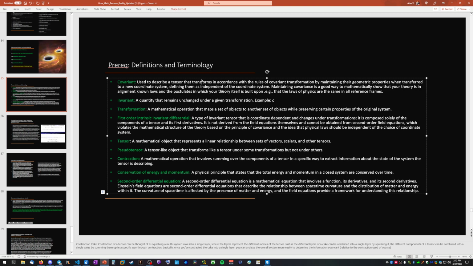You apply a transformation to the tensors, and that will allow you to change the coordinate system. So when you're talking about, say for example, the Lorentz transformation, that's how they got from the Newtonian framework to the relativistic framework.